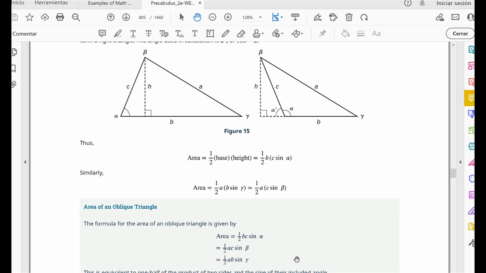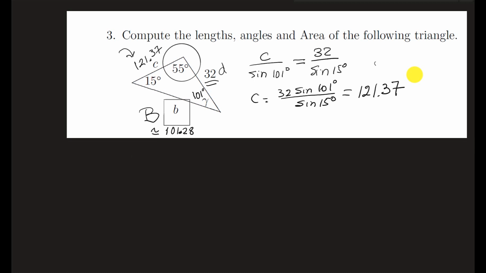This is the area. In our case, we have to get two sides and the angle between those two sides. In this case, I can use B and D and the angle that they form, or B and C and the angle that they form. This is not exactly the measure of this side, but I remember that I stored this result in the calculator.